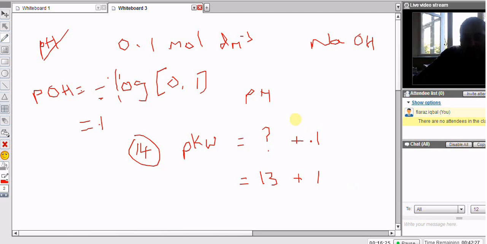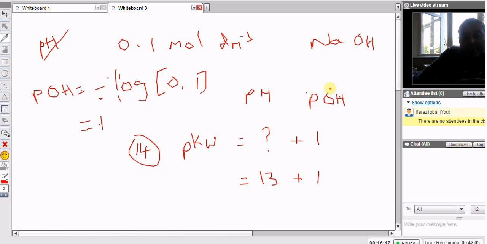Wait. The pOH was here. This is pOH. Right there. Okay. I hope that explains how I've used pOH to work out pH, and all I've done is subtract it from 14, and that's it.